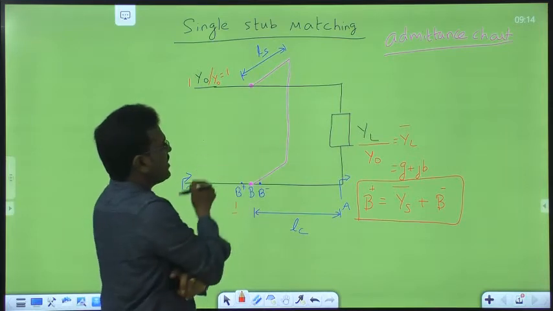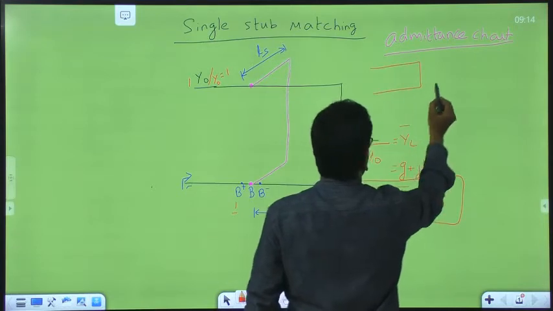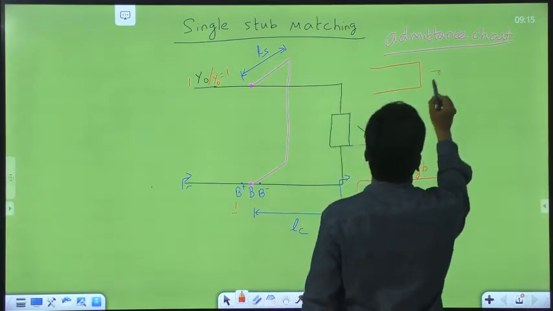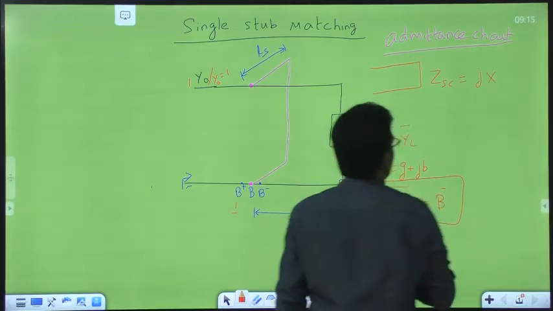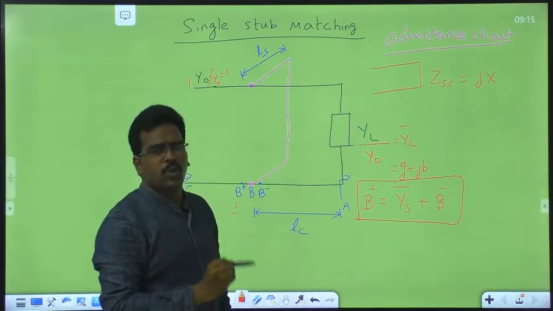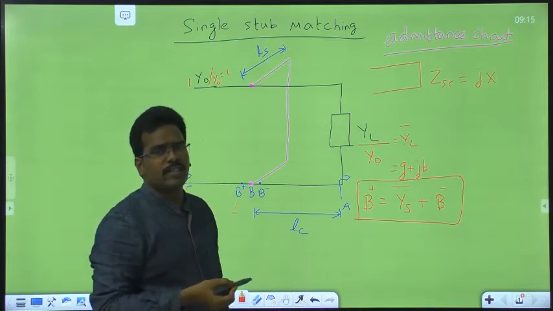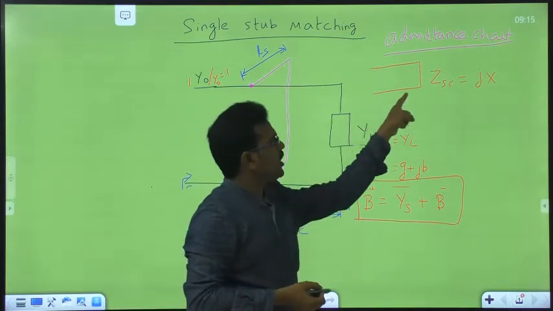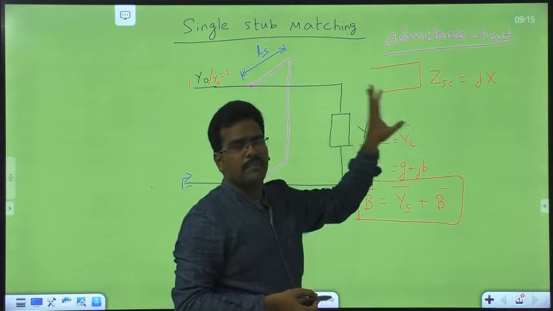One more point: a short circuited stub is going to give only imaginary values. It contains only susceptance. It will change only the susceptance, not the conductance value.